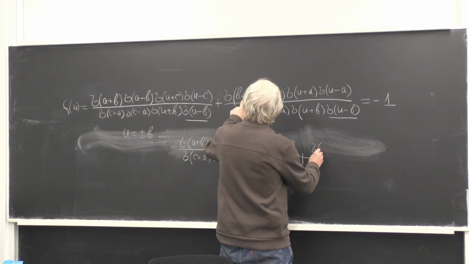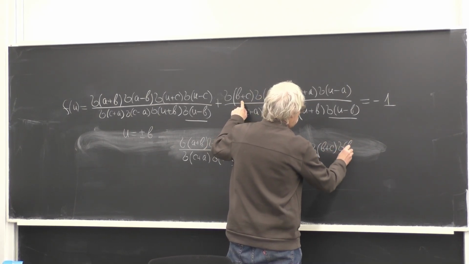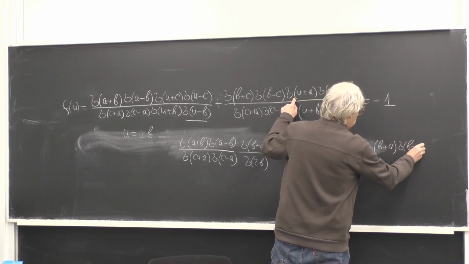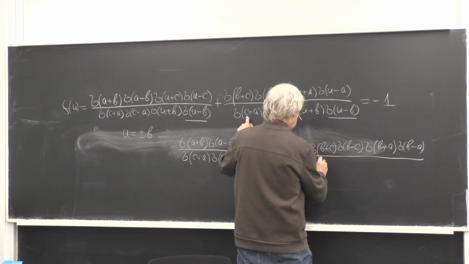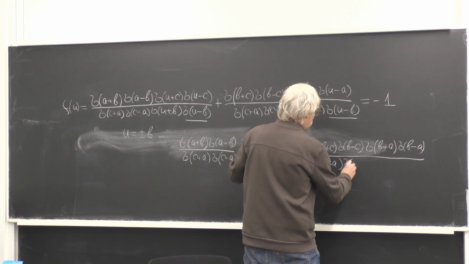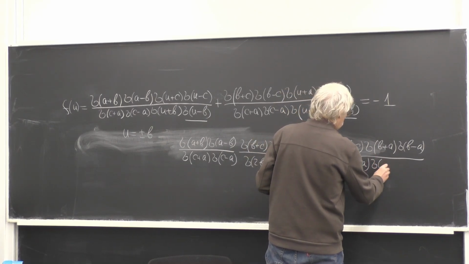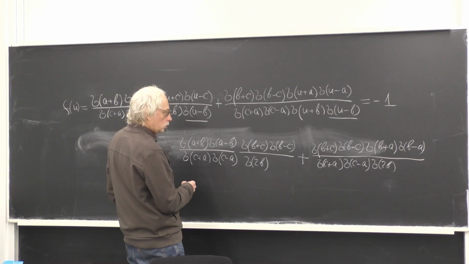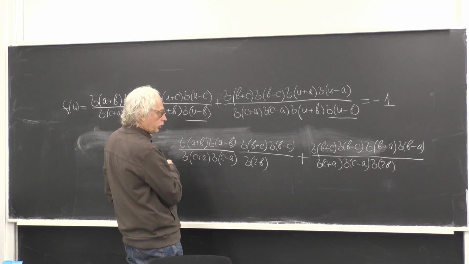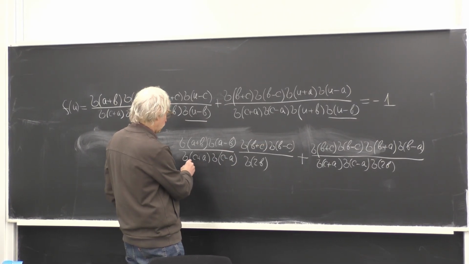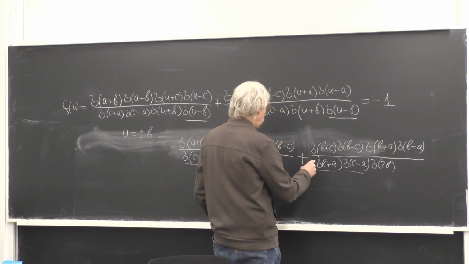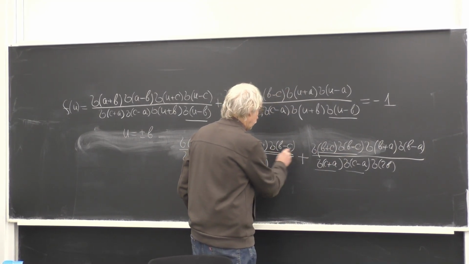Now, what do we have here? Now you see that the sum is 0 because this coincides, these are the same.